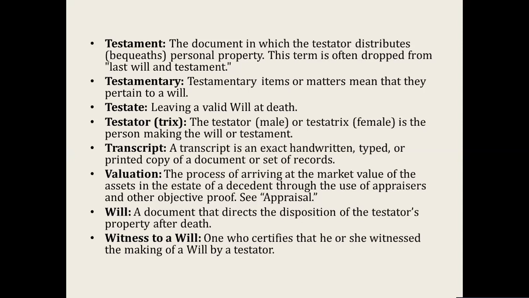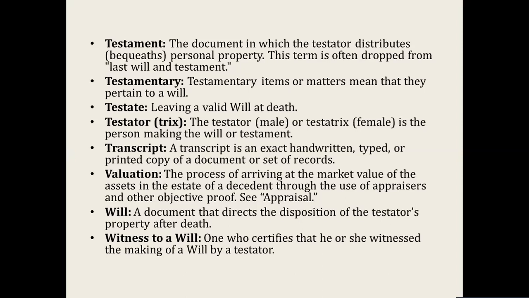Testator is the person making the will, male. A testatrix is the person making the will or testament who is a female. A transcript is an exact handwritten, typed or printed copy of a document or set of records. So the transcript is full and complete, where it differs from an abstract.